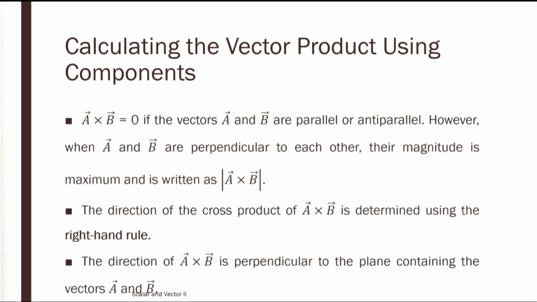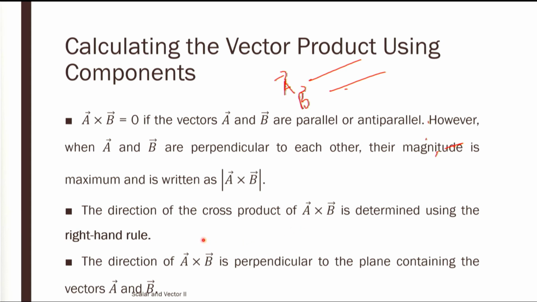So when we have A cross B to be 0, what that means is that A and B are parallel. That's why we have 0. But if they are perpendicular, it can never be 0.